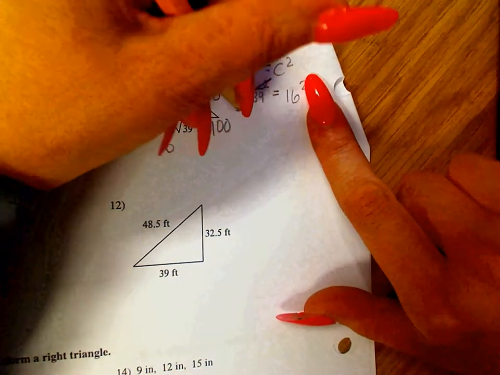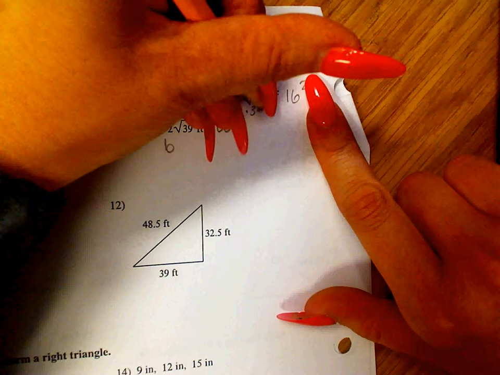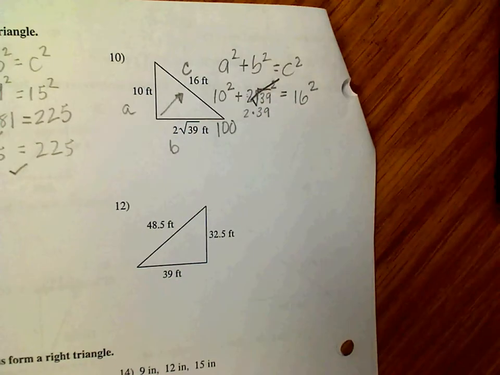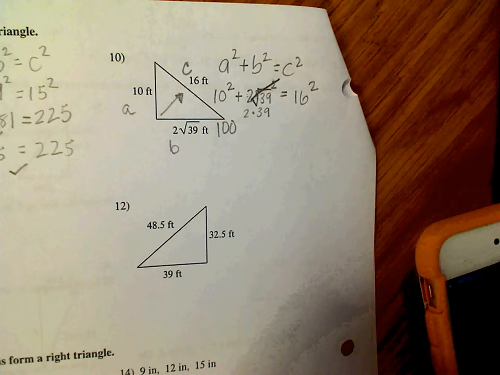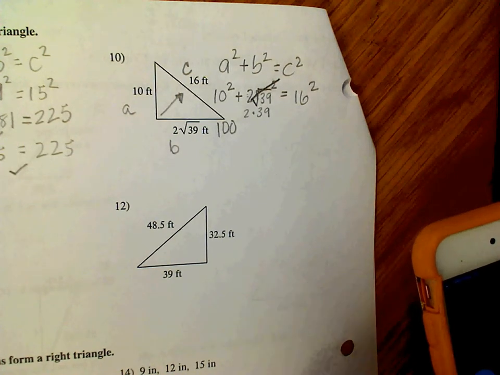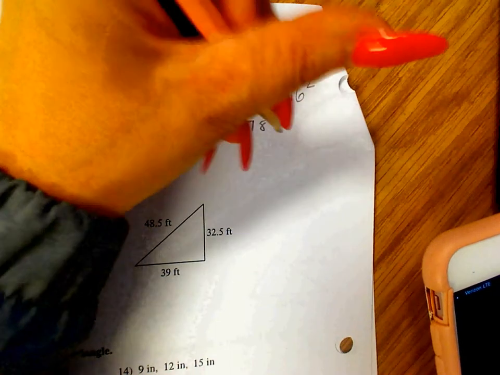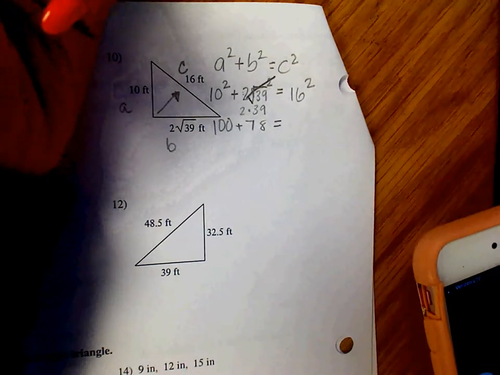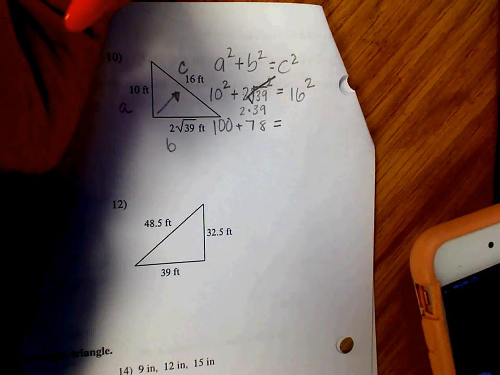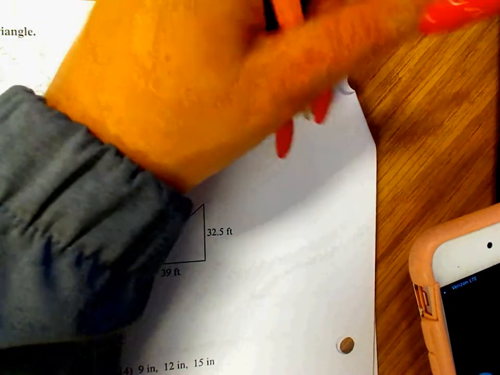So it's just 2 times 39, which is 78. And then 16 squared is 256.